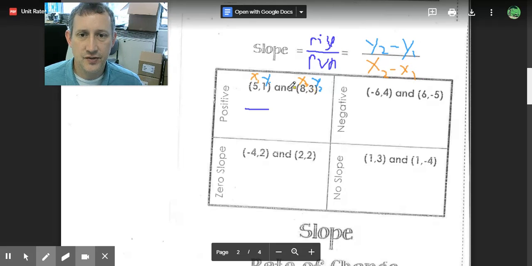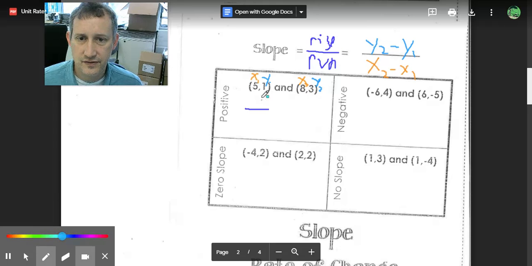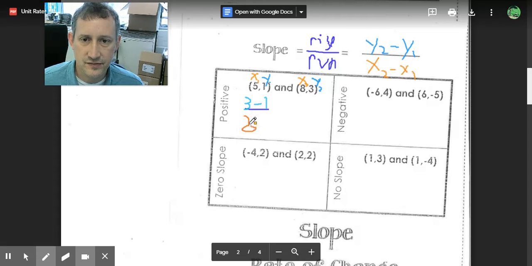So the rise is 3 minus 1. Anybody know what 3 minus 1 is? And the run is 8 minus 5. So I did my y2 minus my y1 divided by my x2 minus my x1.